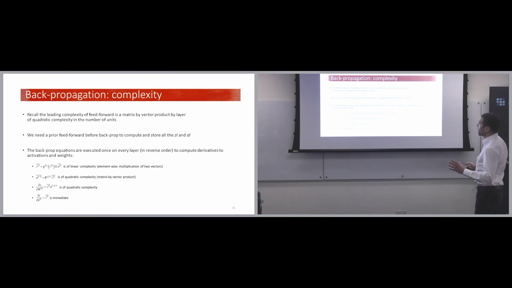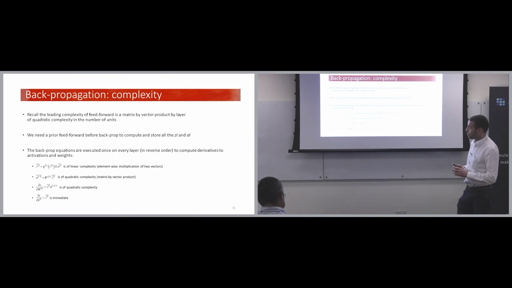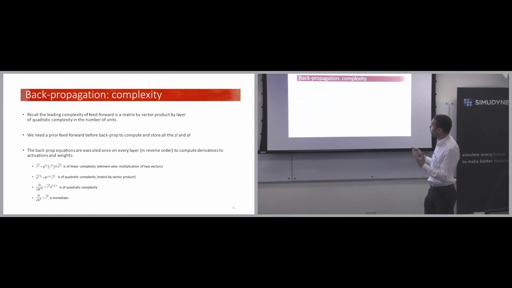So what is its complexity? Recall when we saw the feed-forward networks, the leading complexity was one matrix by vector product per layer. That's what we have in our feed-forward equations, right? To move from layer L-1 to layer L, we left multiply AL-1 by the matrix of weights for layer L, and this gives us our leading complexity.